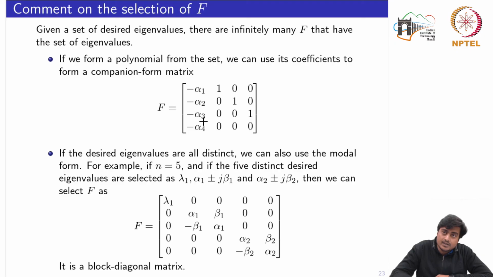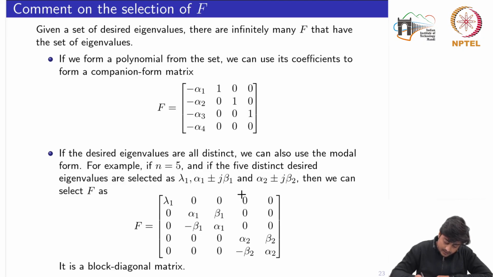If I write the characteristic polynomial of the F matrix, these would be the coefficients, and arranging all these coefficients into this form would yield a companion form matrix whose eigenvalues would definitely be the required eigenvalues.